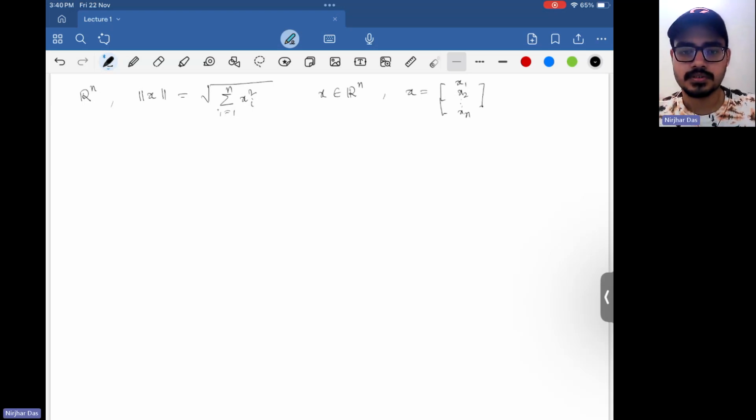This basic notion of the Euclidean norm is what we will use throughout, and this norm can also be used to define distances between two points, which we will state as norm of x minus y. This is also called the Euclidean distance.